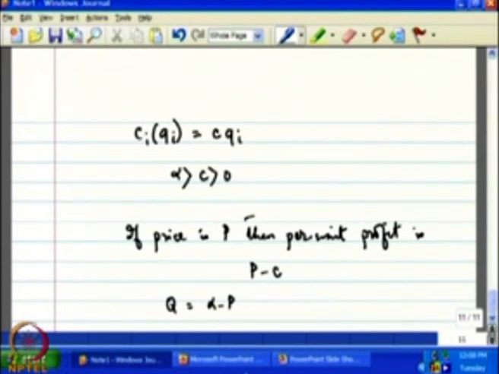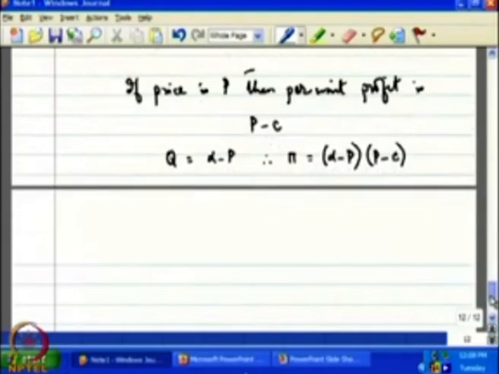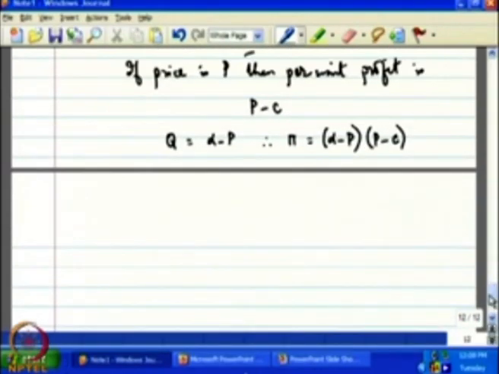Suppose I am the only firm in the market. In that case, profit for me will be alpha minus p, which is the output, multiplied by the profit per unit of output. So, this is the total profit that I am going to earn if I am the sole producer, and if it is the price that I am setting in the market. So, this is the general formula for profit if there is no rival.